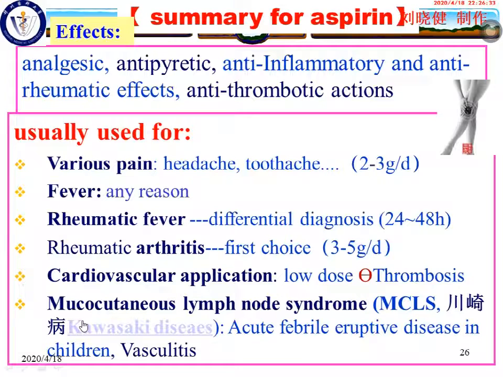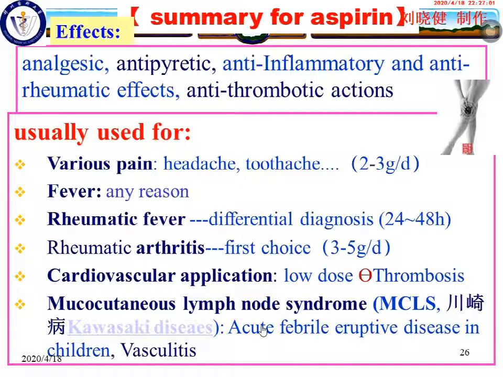Next one, aspirin is also used to treat mucocutaneous lymph node syndrome. This disease, in the previous slide, I didn't mention this. Actually, this disease usually also requires a large dose of aspirin.